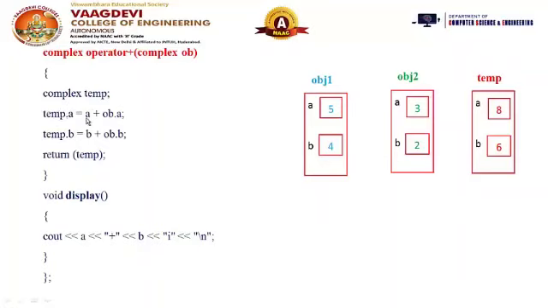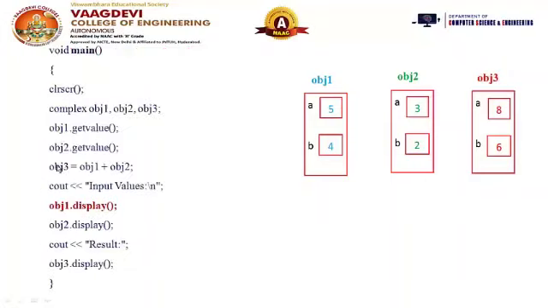Whereas in the next statement, the implicit object B value and the explicit object OB.B are added and the resultant value is assigned to temp.B. The statement return temp will return the temp object, which is then assigned to object 3.